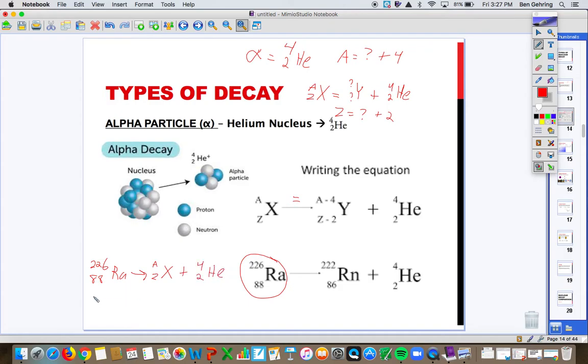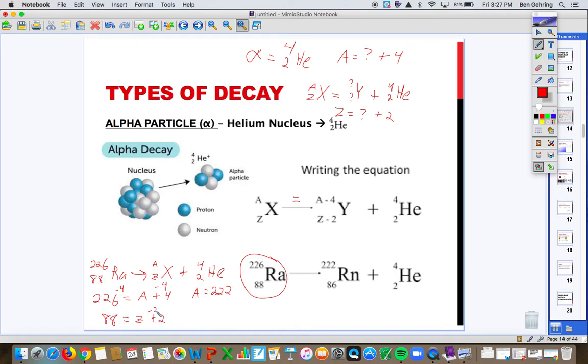So now I know that 226 is equal to, the arrow means equal to, A plus 4. I can then subtract 4 on both sides, and I know that A equals 222. 226 minus 4 is 222. I do the same thing with the bottom. I know that 88 equals Z plus 2.